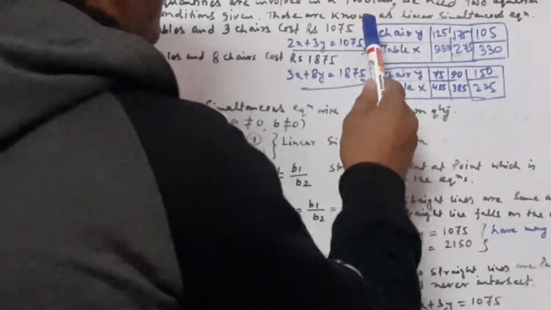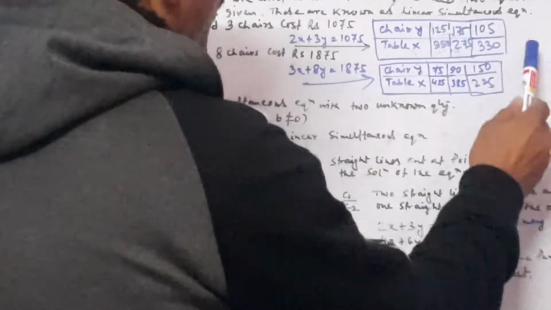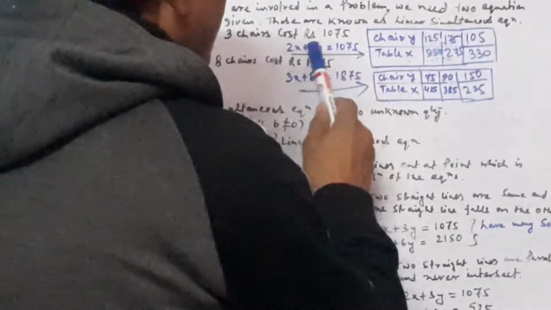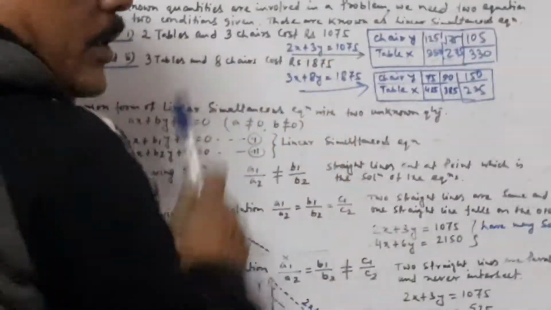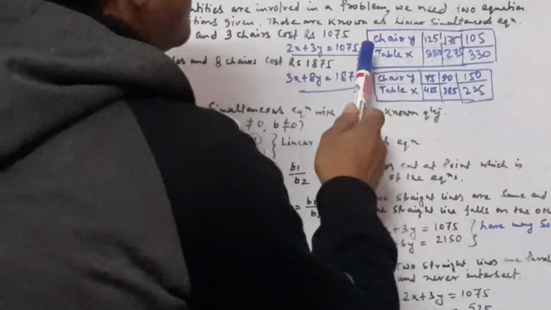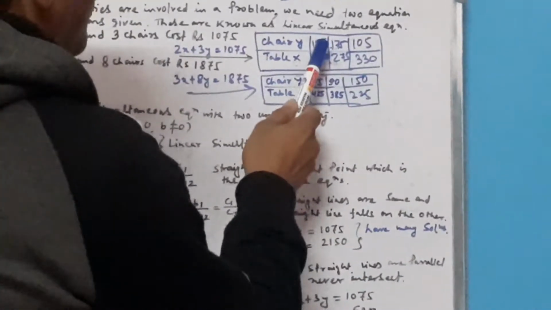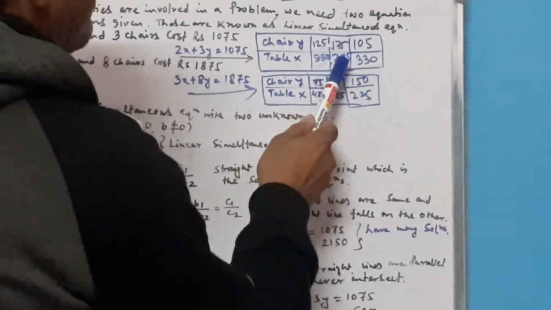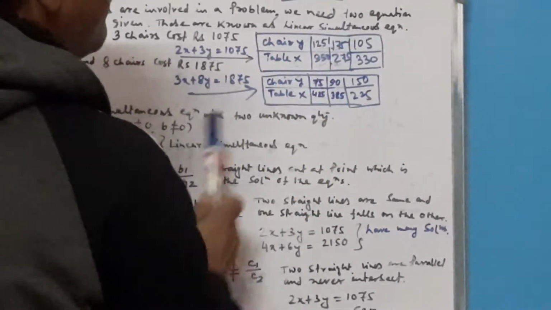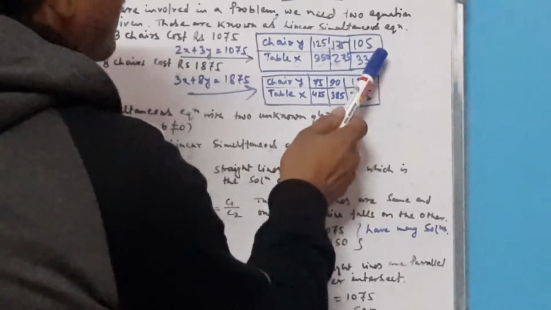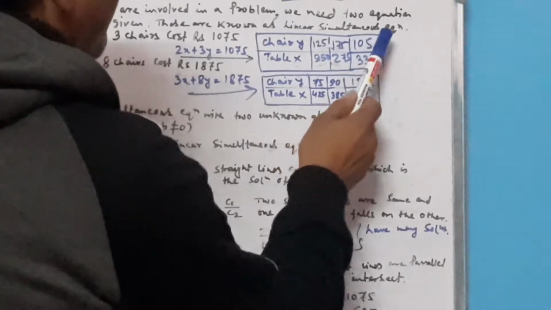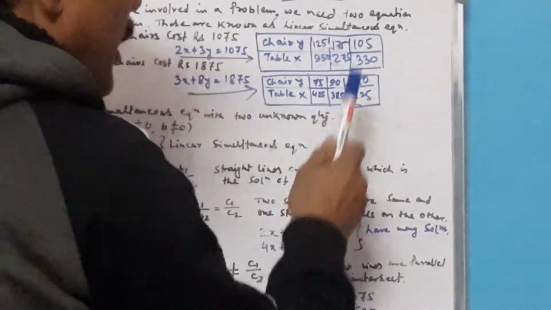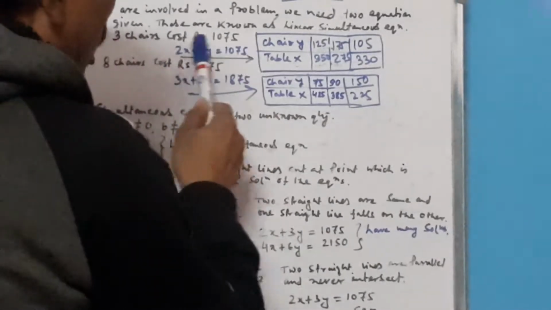Definitely there will be a lot of points which will satisfy this first equation. Suppose these are the set of points. If x is 350, y is 125. If x is 275, y is 175. If x is 330, then y is 105. Like this, a lot of points will satisfy only this equation.